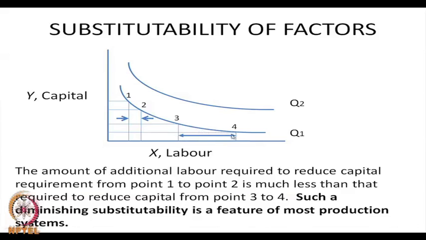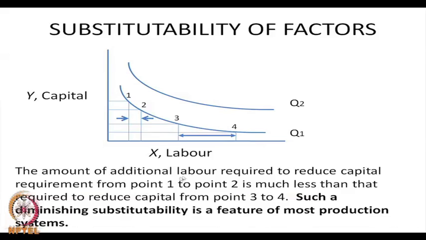The amount of labor required here is much larger, whereas the amount of labor required here is much less, compared to the same reduction in the value of capital. That is, from 1 to 2 the level of capital requirement is reduced by this amount, and from 3 to 4 the capital requirement is reduced by this same amount, but correspondingly the requirement of labor is much more. This is called substitutability of factors.